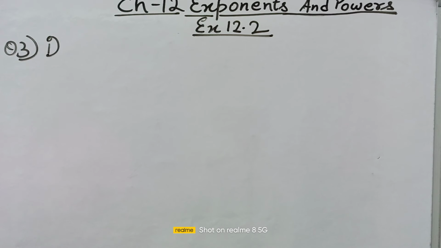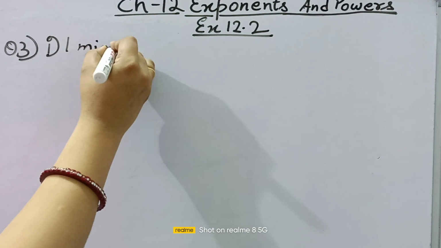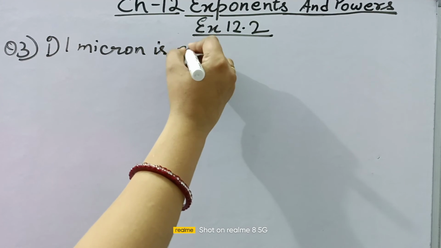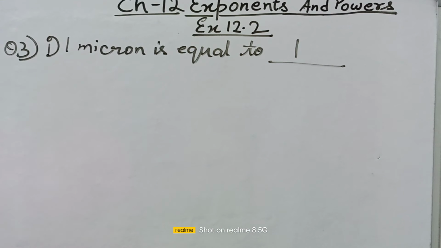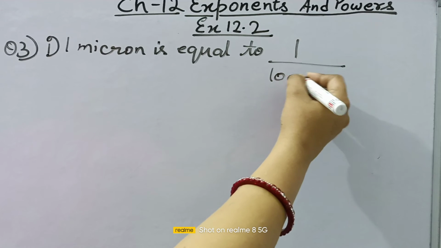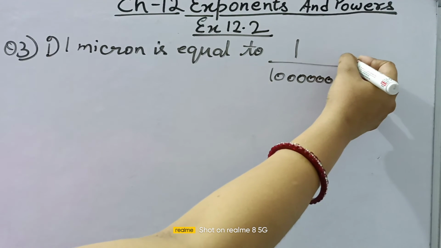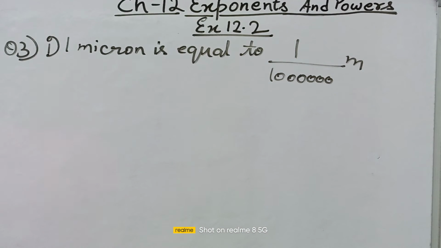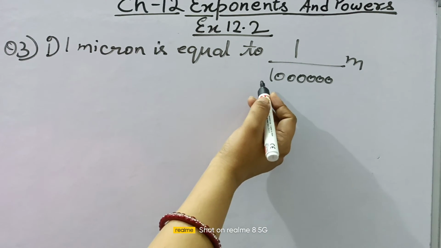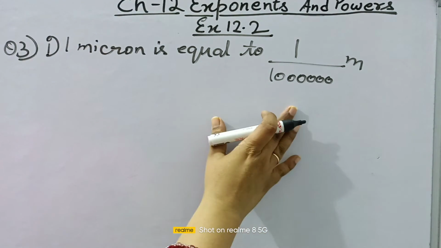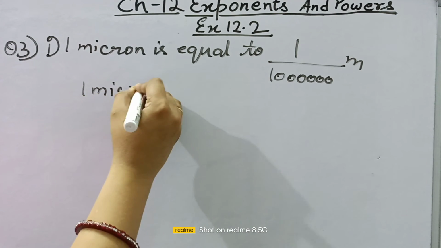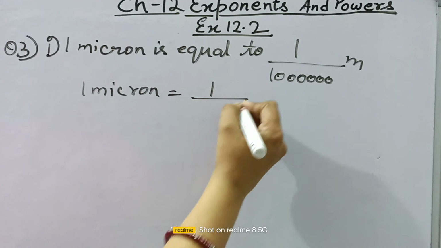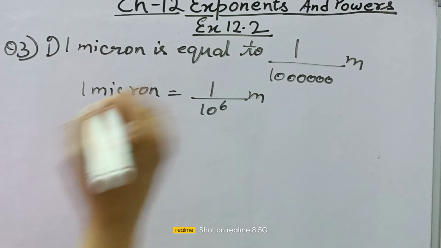First is, 1 micron is equal to 1 upon 10 raised to the power 6 meters. Now you will say I am saying 10 raised to the power 6 but I am writing this. It is the statement which is given in the book, and its meaning is 1 micron is equal to 1 upon 10 raised to the power 6 meter.